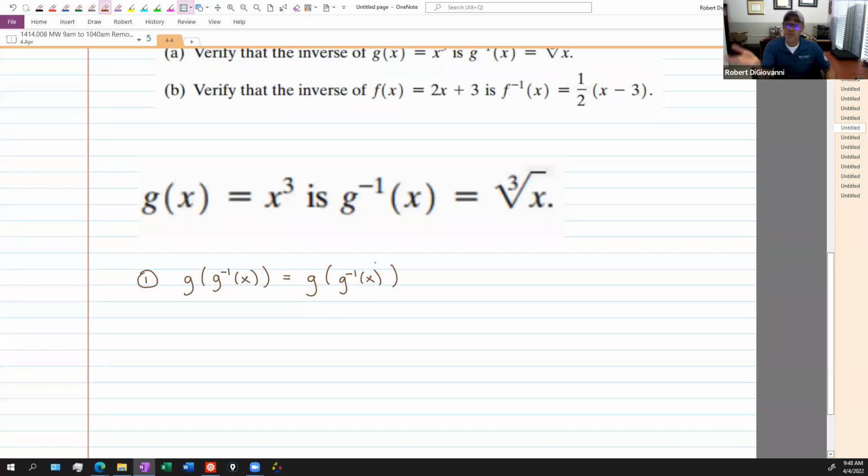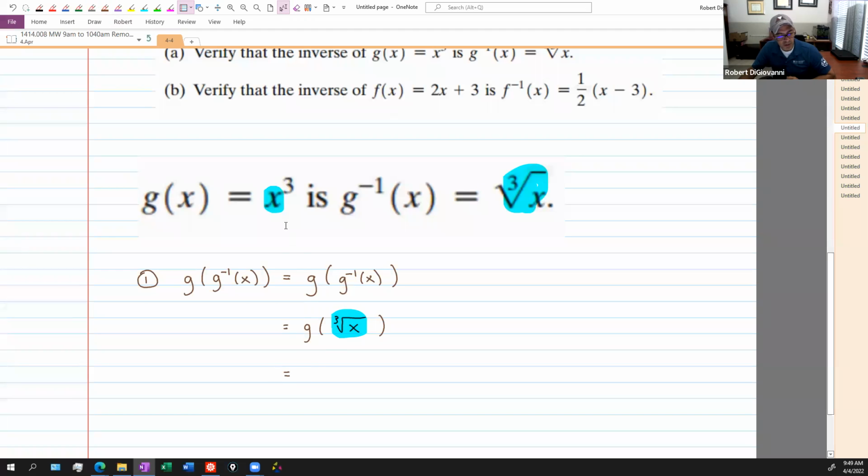So this is composition. This is last section. That's all we're doing right here, just what we did last section. We're going to take g, inside of it goes the inverse. The inverse is this, so I'm going to put in there the cube root of x. That gets plugged into the g function for x, so this becomes the input of that function.